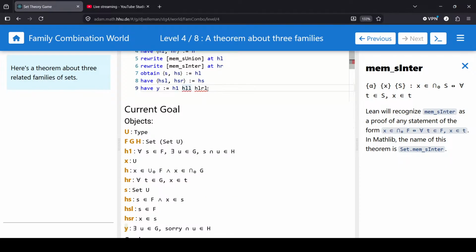Okay, and then this one would be what? H1S? And then this would be HSL?